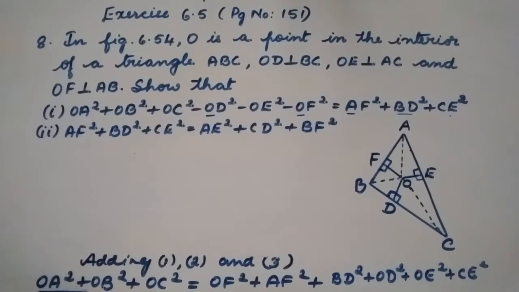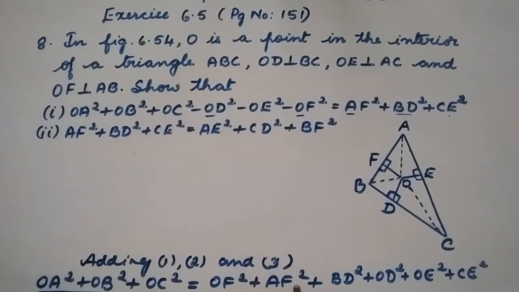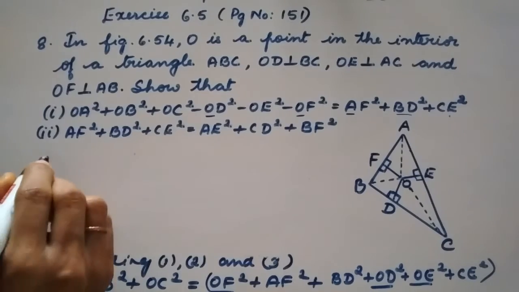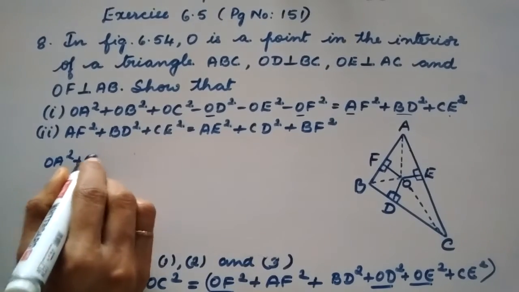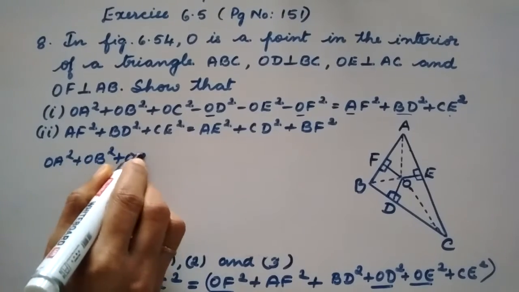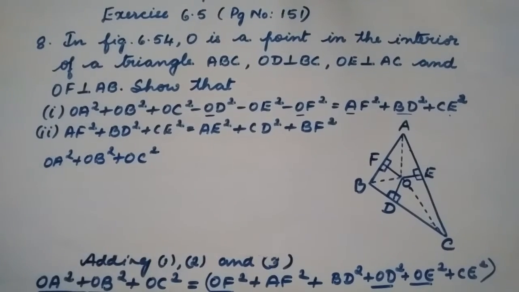So we have this in left hand side and this is on the right hand side. So now let us shift OD square, OE square and OF square to the left hand side. So let us keep this as it is, OA square plus OB square plus OC square.